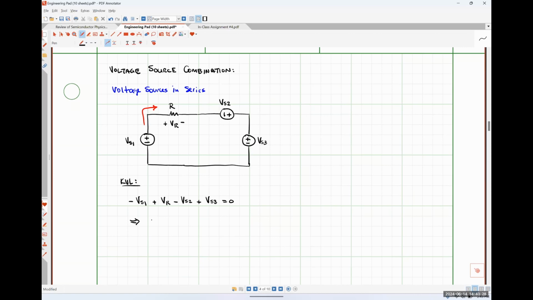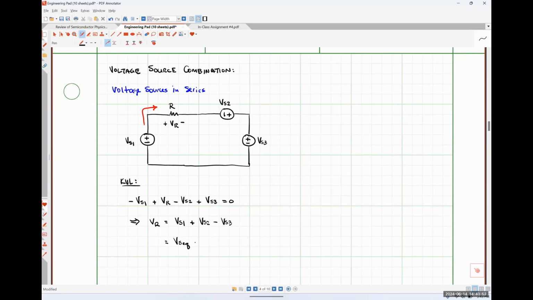Simple rearrangement says that VR is VS1 plus VS2 minus VS3, which is equal to some equivalent voltage source.